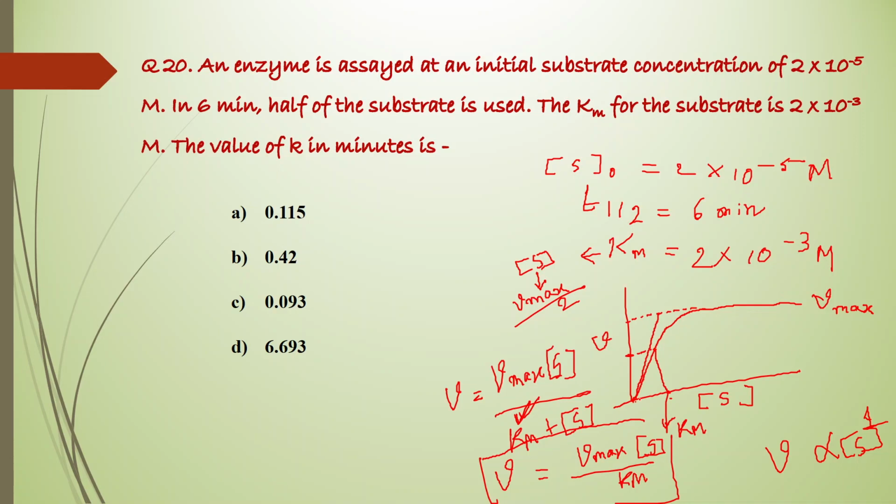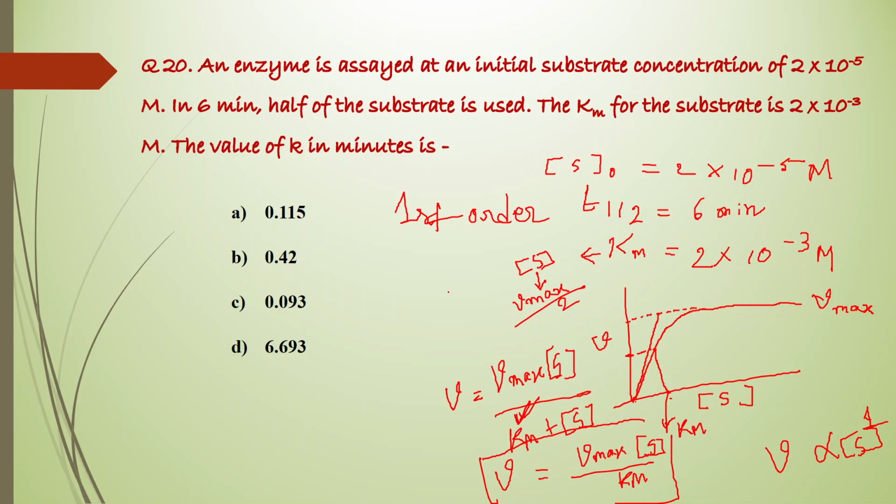So now we know that at lower substrate concentration our ongoing enzyme catalysis reaction is of first order. So now let me write it. We have derived, or we can understand by looking at the S0 and Km value, that our reaction that is happening is of first order.